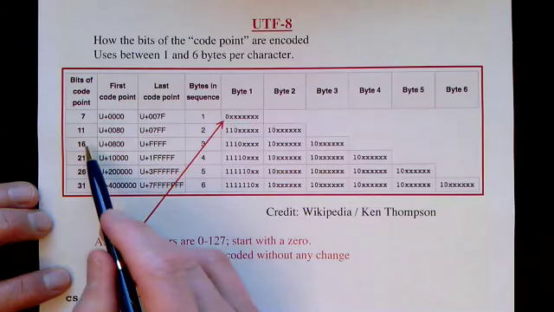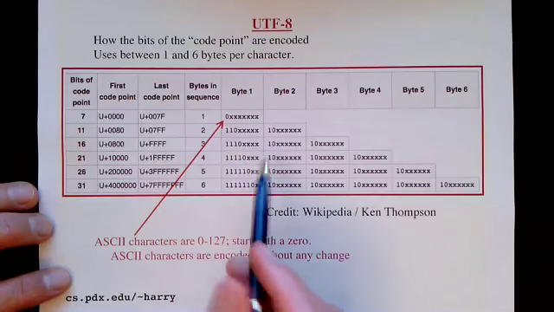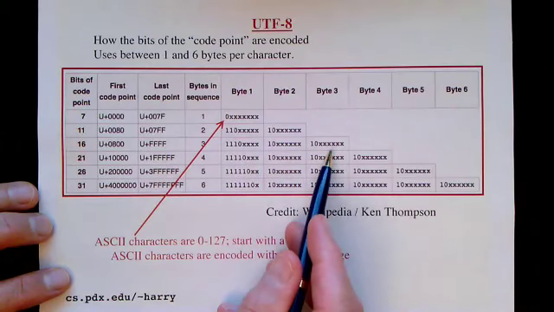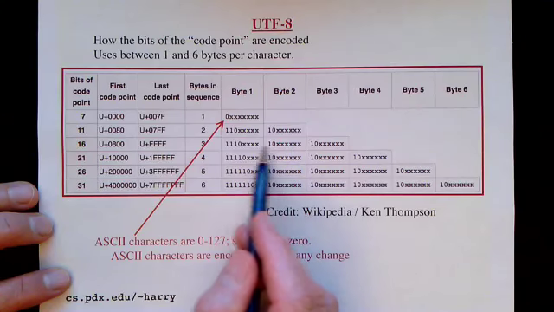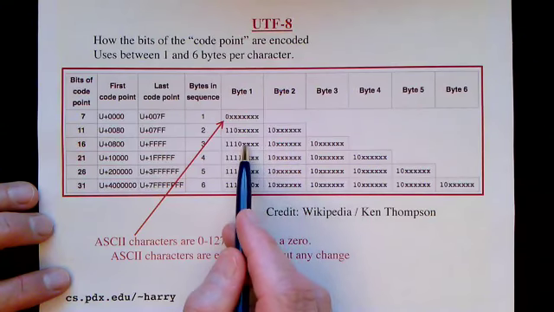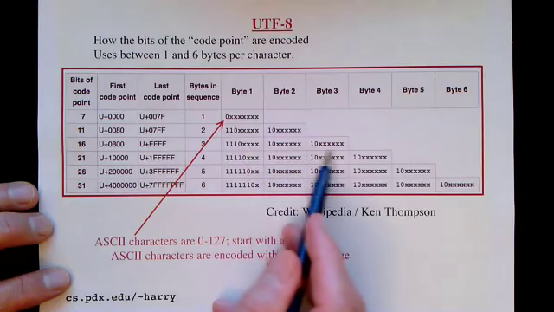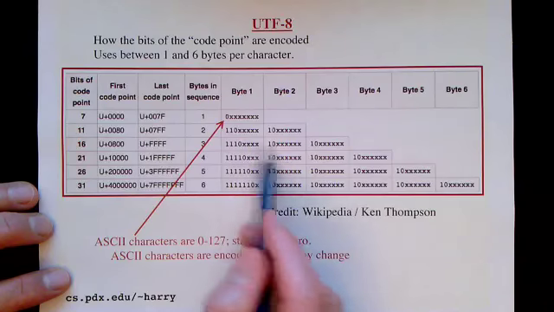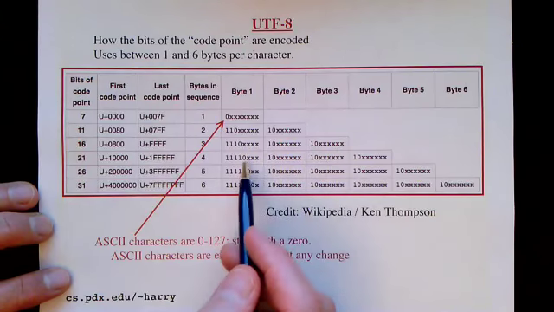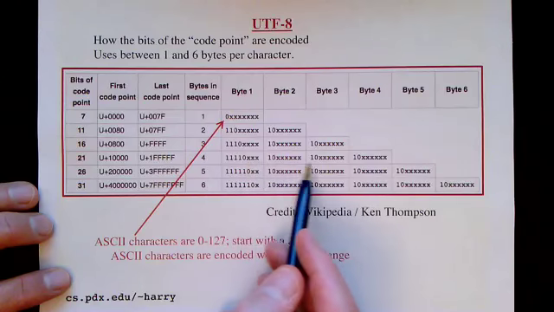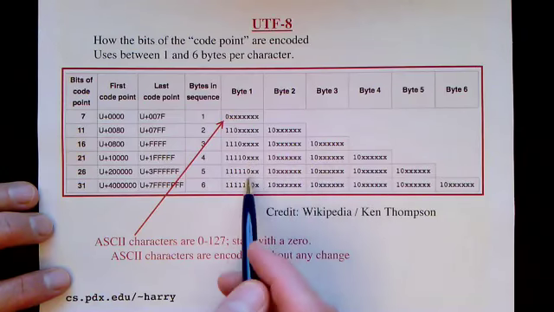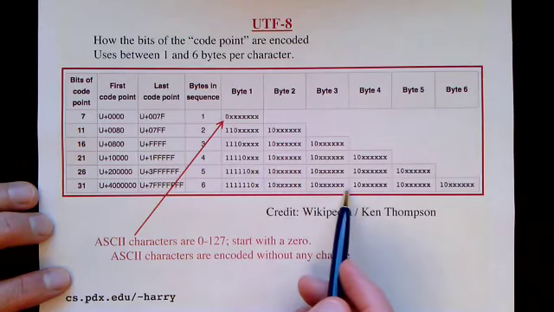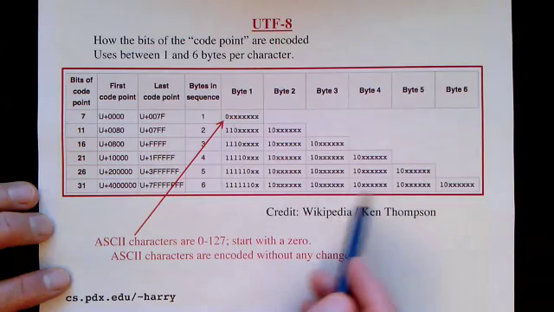If you've got more than 11, all the way up to 16 bits, this encoding has room for 16 bits. If you require more than 16 bits, then this encoding has room for 21 bits, and so on, all the way up to an encoding of 31 bits using 6 bytes.